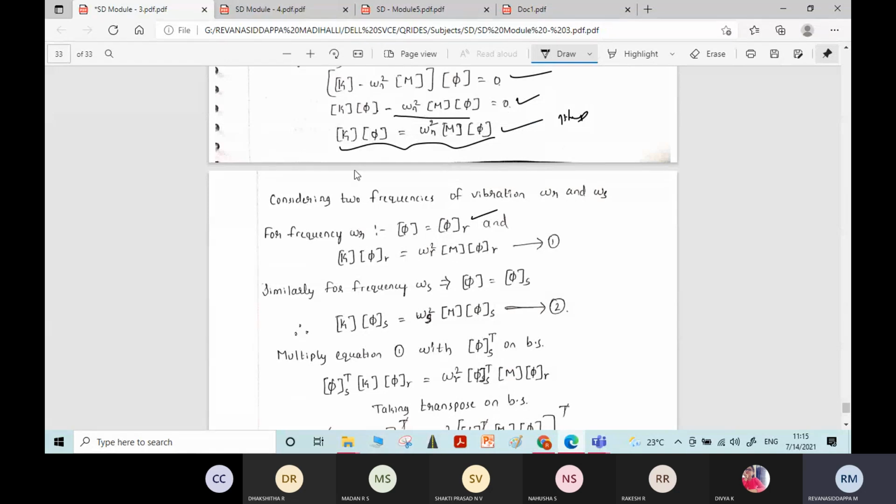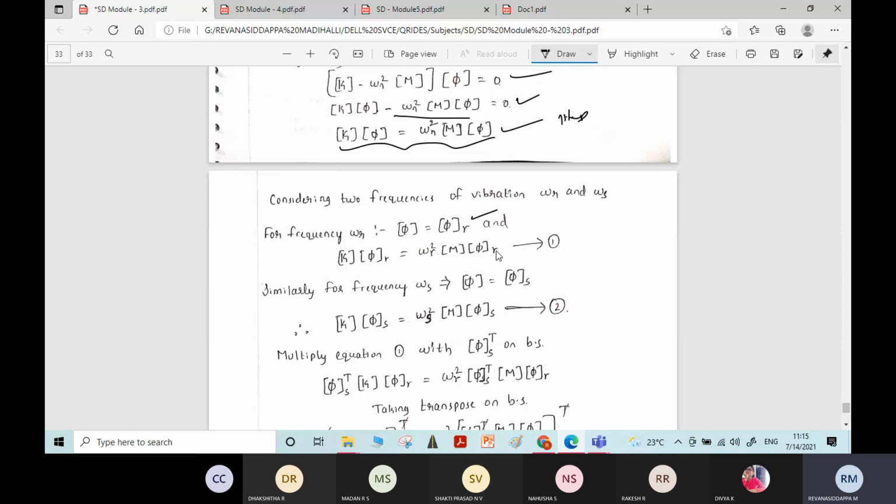This mode shape phi r corresponds to the natural frequency omega r. That is why it is rewritten as k into phi r is equal to omega r square into m into phi r.